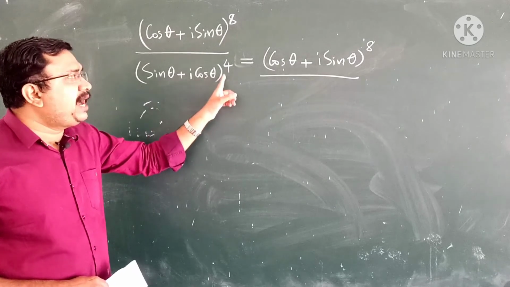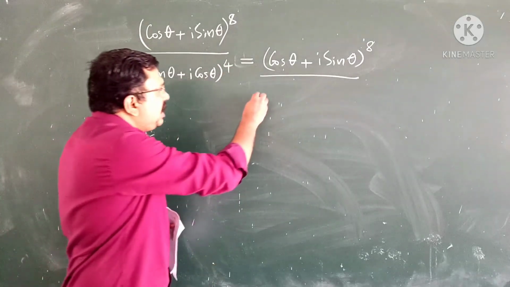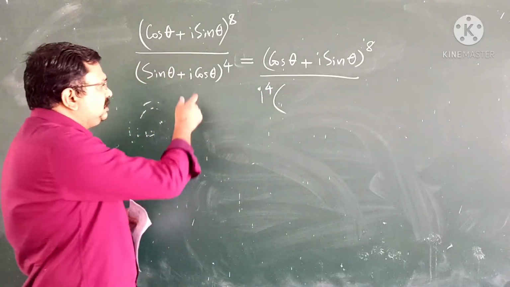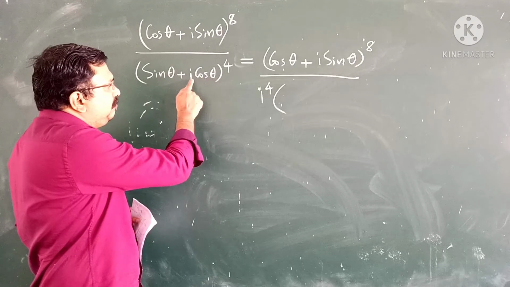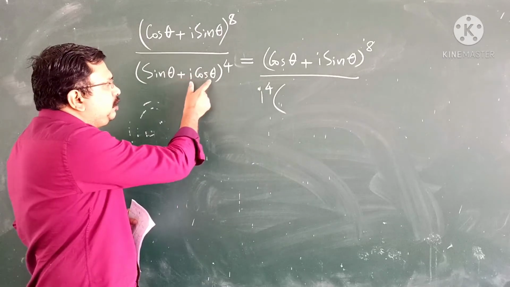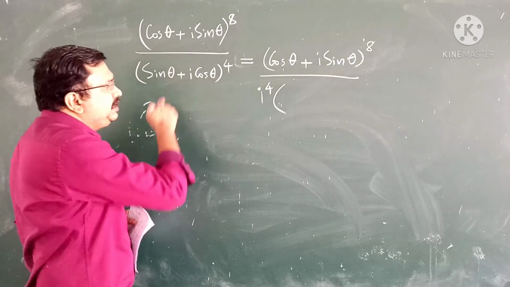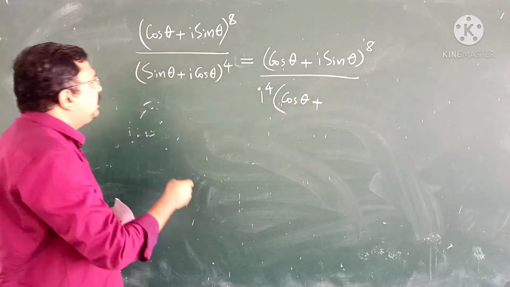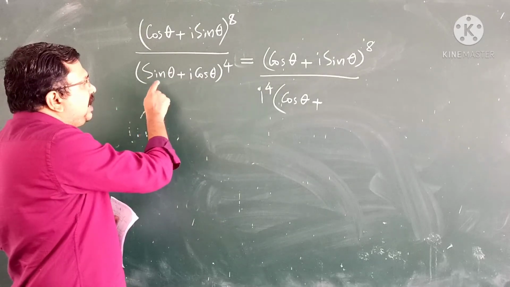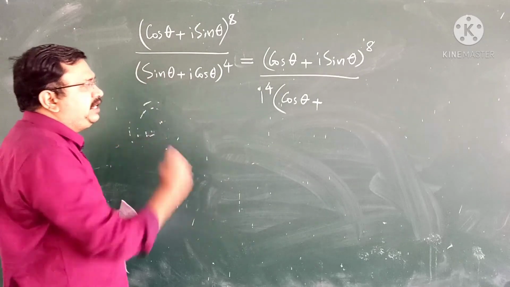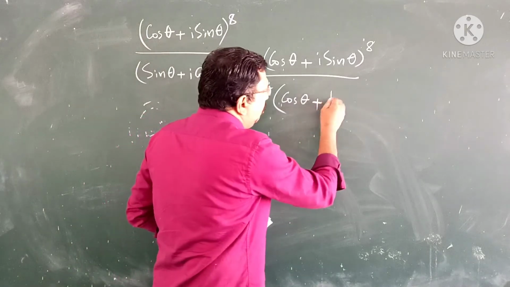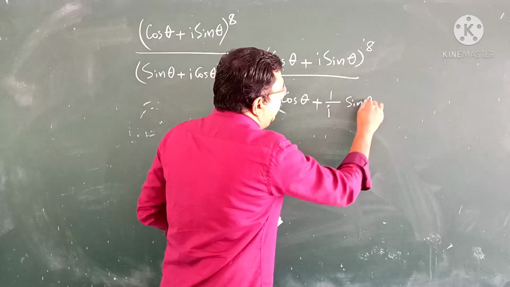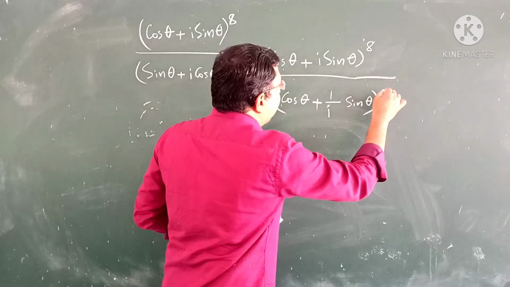Then it will become i raised to 4 into, first I am taking i cos theta, suppose that first term is i cos theta, i is taken outside, then the remaining is cos theta plus, second one is sin theta, I am taking i from sin theta, then the remaining is 1 by i into sin theta, the whole raised to 4.